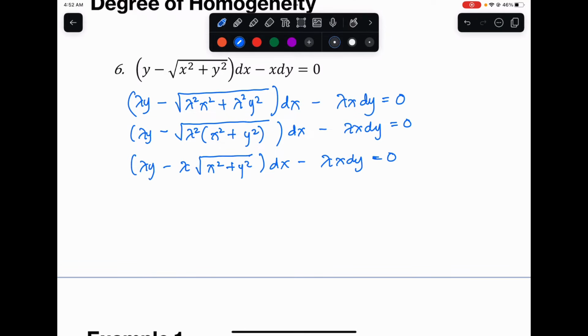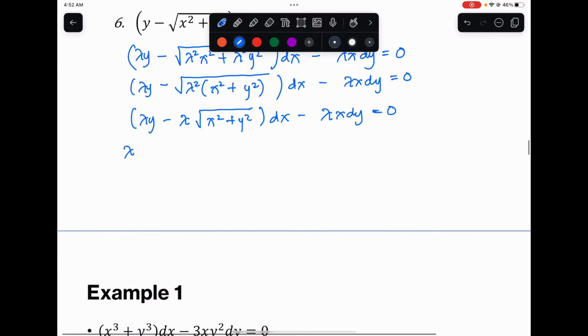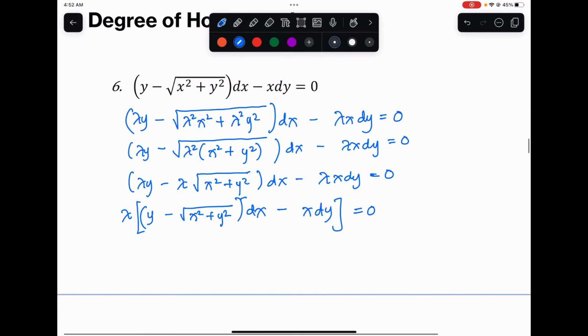So you can see here, lambda is factorable, leaving us with y minus the square root of x squared plus y squared dx, then minus x dy is equal to 0.